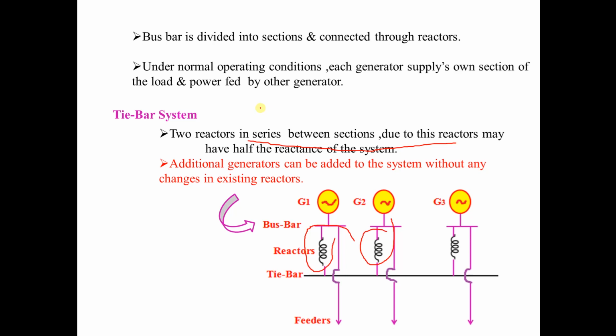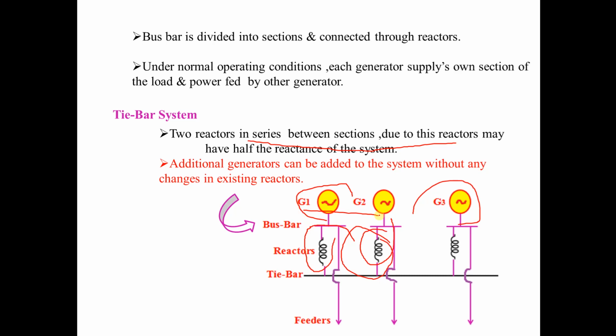The main advantage of this is that additional generators may be connected to the system without changing its reactors. So I can add any number of generators without changing the reactors.